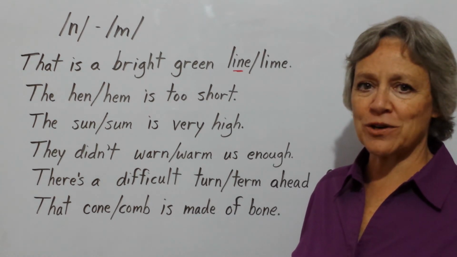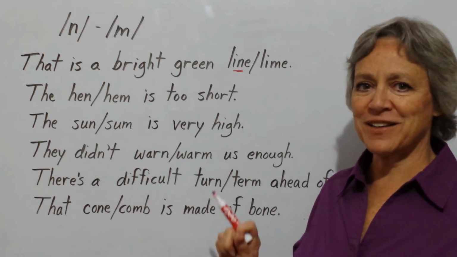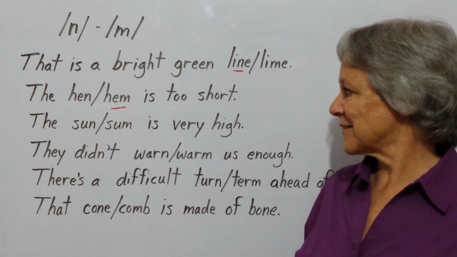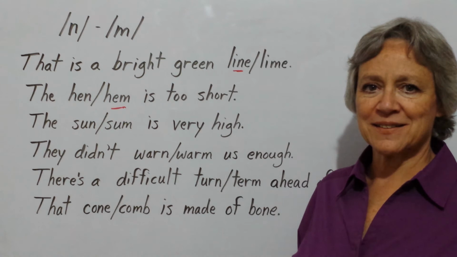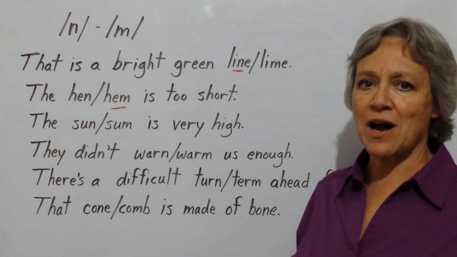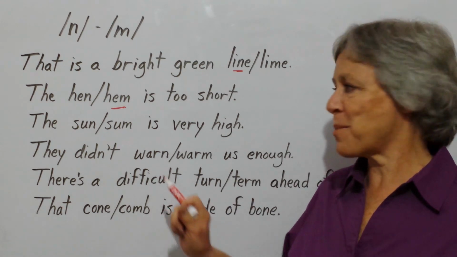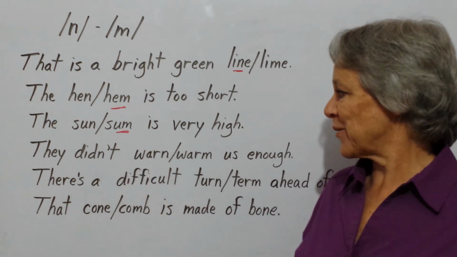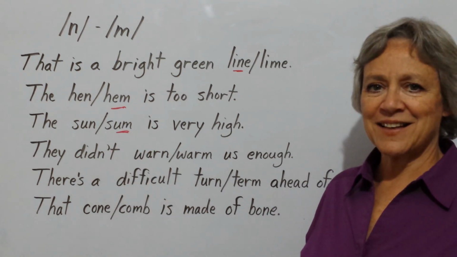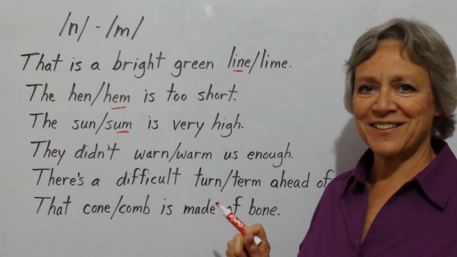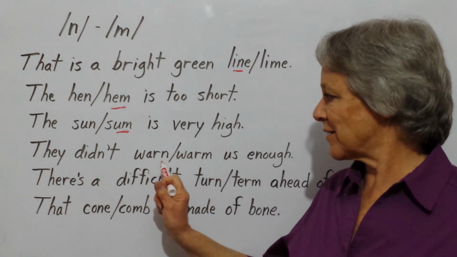The hem is too short. Which one? Hem. The sum is very high. Which one? Some. Okay. They didn't warn us enough. Which one? Warn.